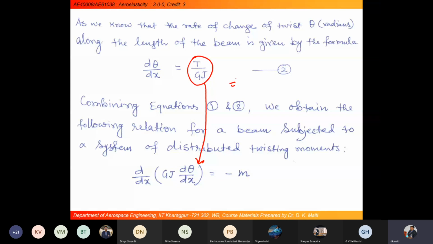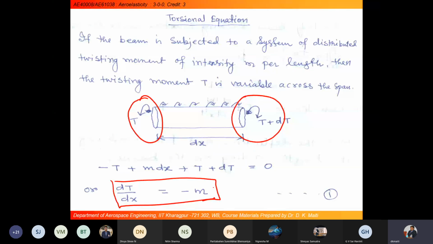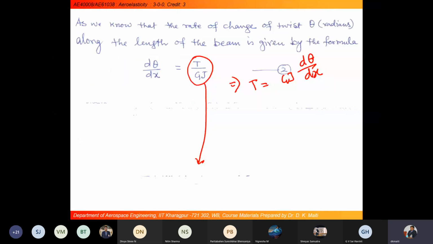Substituting this in the first equilibrium equation, we get d by dx of GJ d theta by dx equal to minus m, where m is the distributed aerodynamic moment.